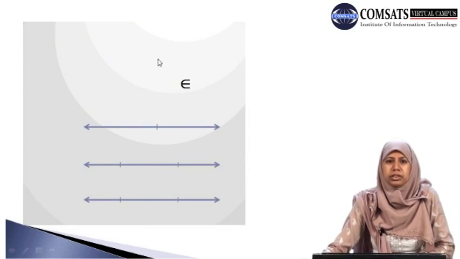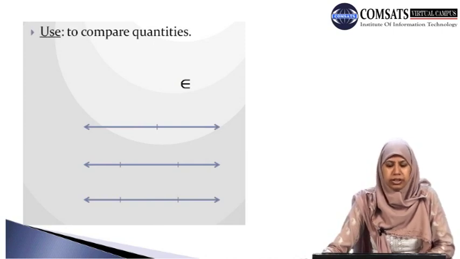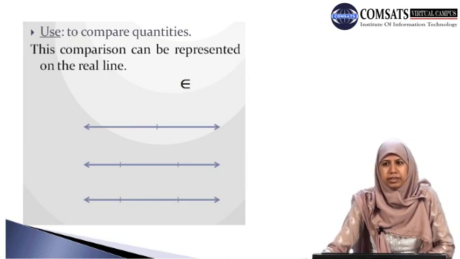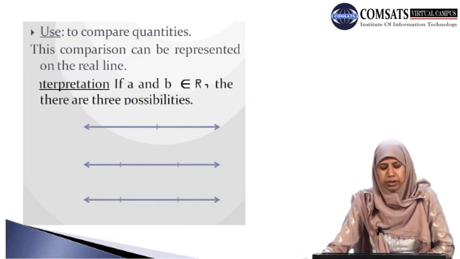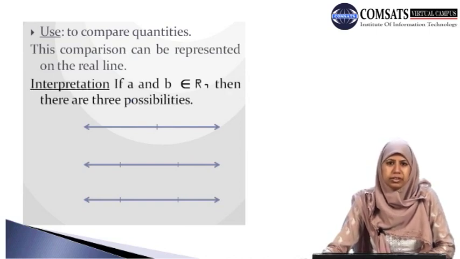So the main question is why we need these inequalities. We need these inequalities to compare quantities, and we can represent this comparison on our real line. If we have two real numbers a and b, then we can compare them on the real line.